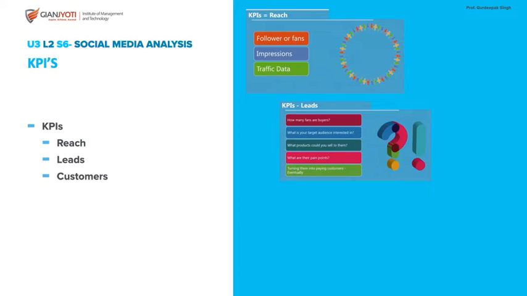What is your audience interested in? Which parts or products or services? What product could you sell to them? Once you know that, what are the pain points, because then you can provide the solutions for those problems or pain points. As a result, you can turn them into paying customers eventually.